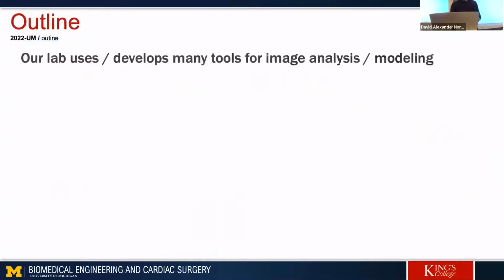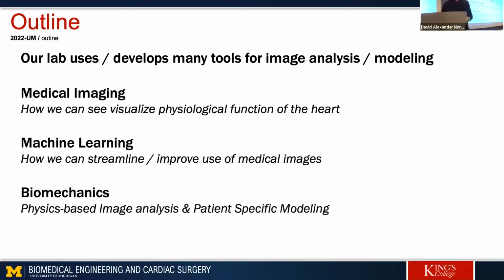What I wanted to talk about today is some of the tools that we use and have developed, on the side of imaging, image analysis, and modeling. I'm going to talk through these three areas.